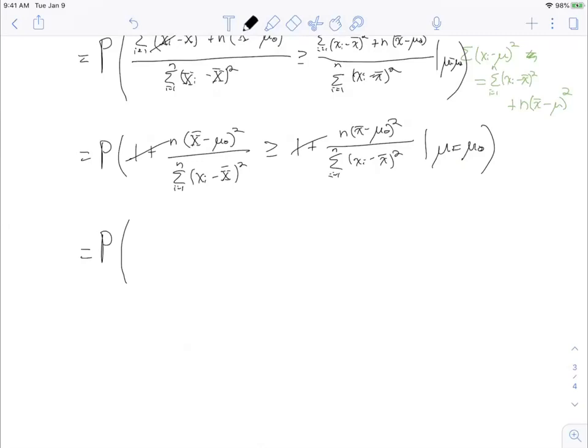So I'm just going to take the x bar minus mu 0 squared in the numerator and move the n that was there in the denominator so that I have 1 over n minus 1 sum i equals 1 to n of (xi minus x bar) squared over n. And then that is greater than or equal to the same thing on the right-hand side.